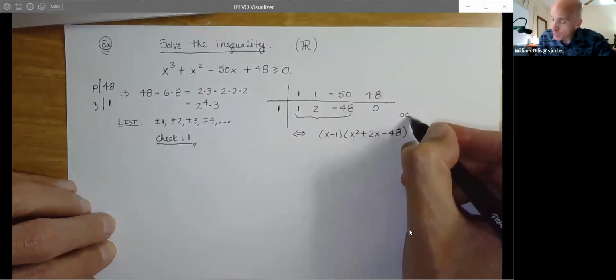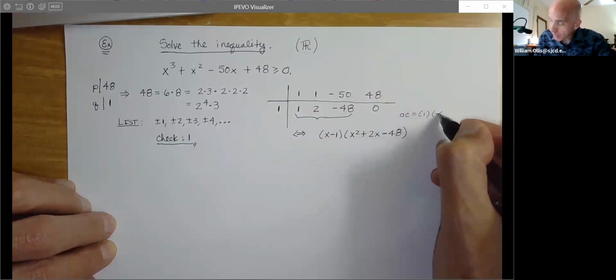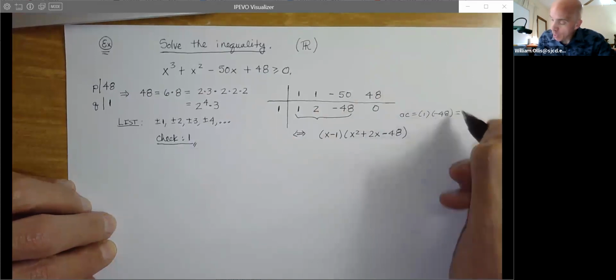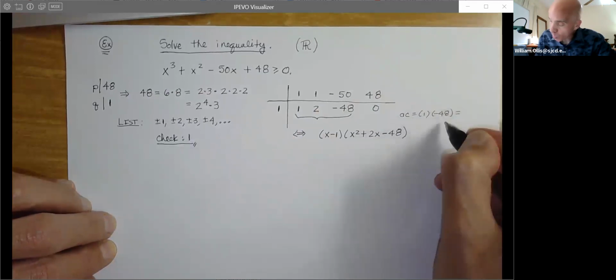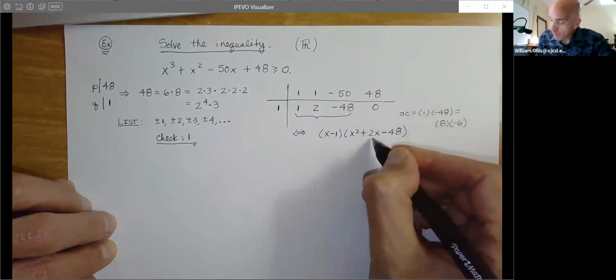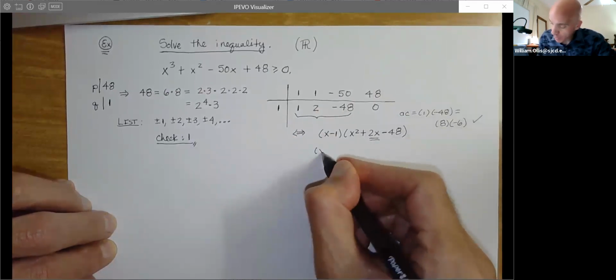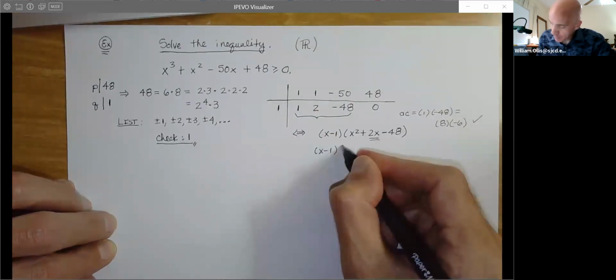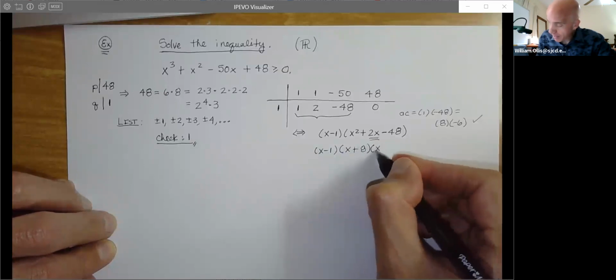If we see AC is 1 times the negative 48, we can use the positive 8 and the negative 6, just ignore the 1. And that will give us the sum here. So this makes for an easy factorization. So we have x plus 8 and x minus 6.